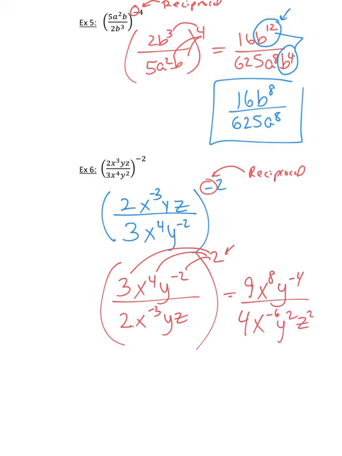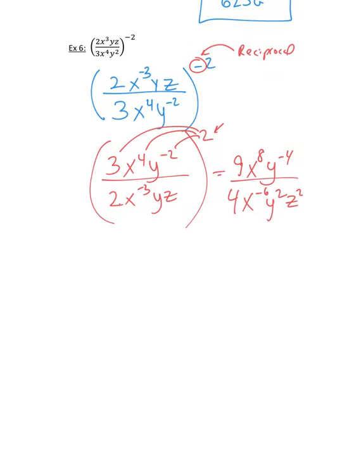Now I can simplify. So if I simplify this, remember you've got x to the 8th and x to the negative 6th here that can be simplified. This guy wants to go up. So I'm going to move him up. He's going to become x to the 6th, and he's going to multiply. I'm going to add those exponents. So I'm going to have 9x to the 14th. Now with the y's, this y to the negative 4th wants to go down.